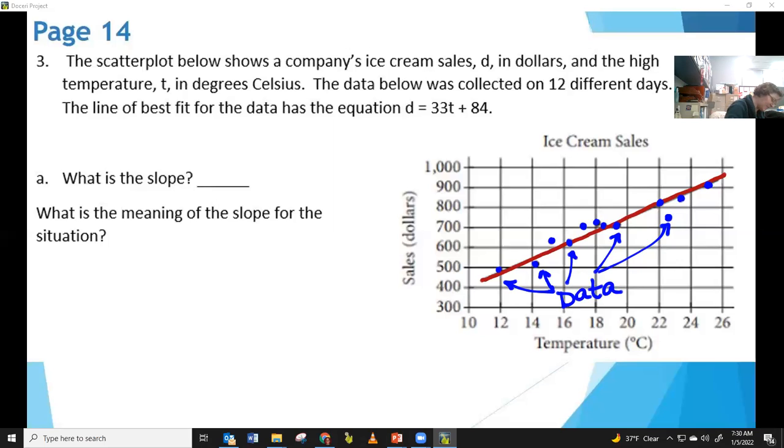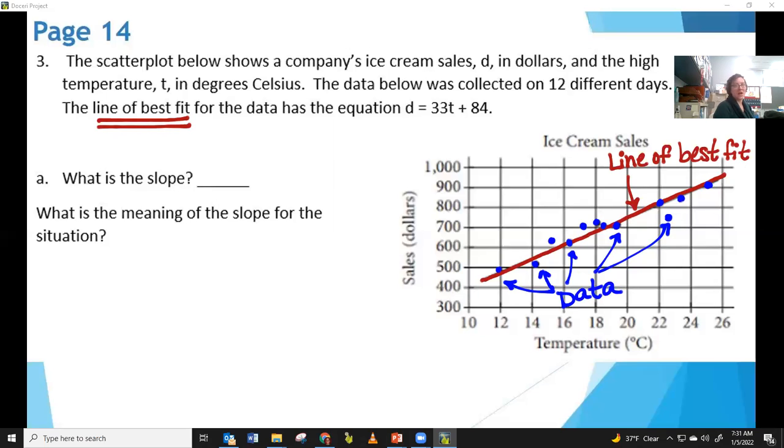There we go. This is the line of best fit. This is the linear model that most closely represents the data.